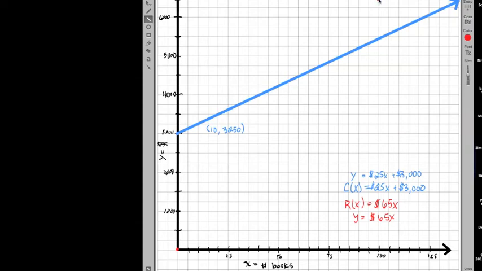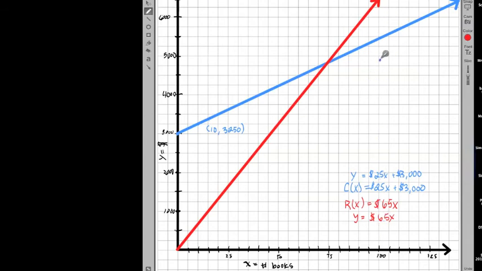Well, we know when we make 100 books, we make $6,500. And that is on our screen. So we're just going to go ahead and use that as our coordinate point to connect our line. Now for every 65 we go up, our change in y, we go over 1. And this is the equation of our revenue. So that's how much money we're making each time.